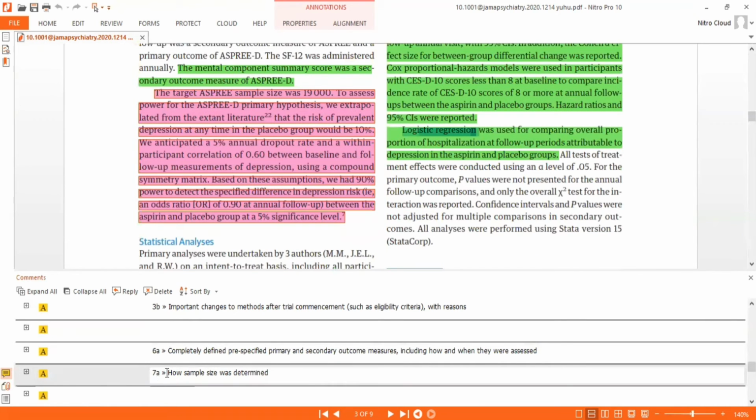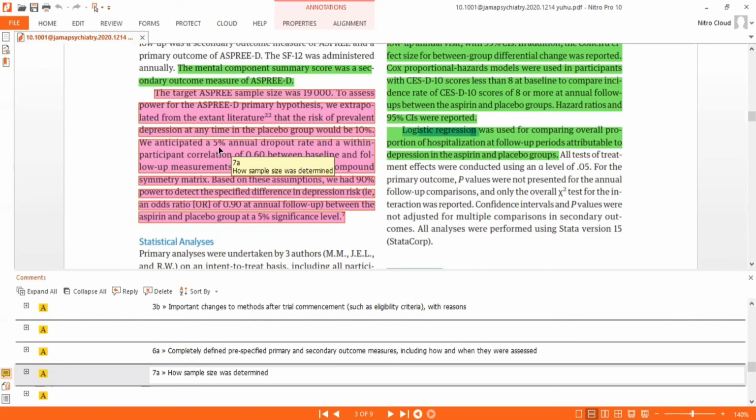Next, point 7a, how sample size was determined. The target SPD sample size was 1900. To assess power for the SPD primary hypothesis, we extrapolated from the extant literature that the risk of prevalent depression at any time in the placebo group would be 10%.